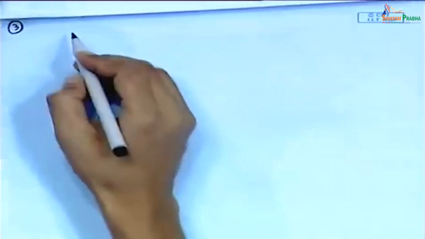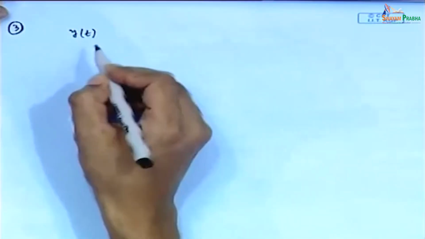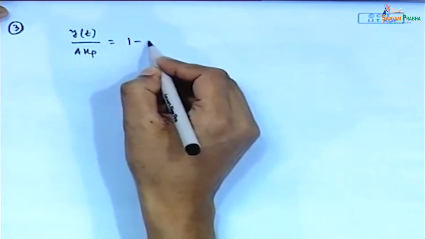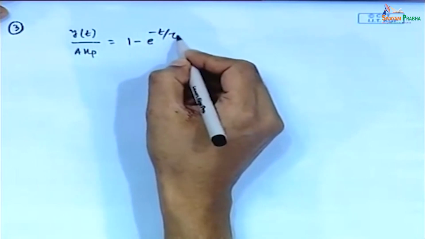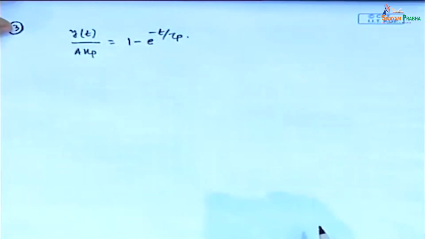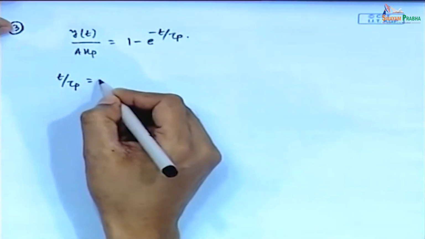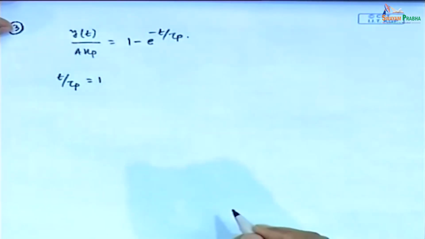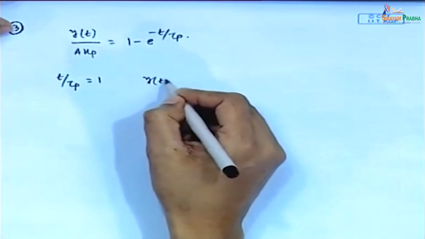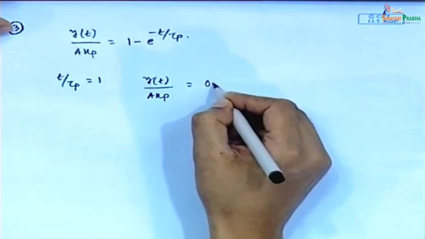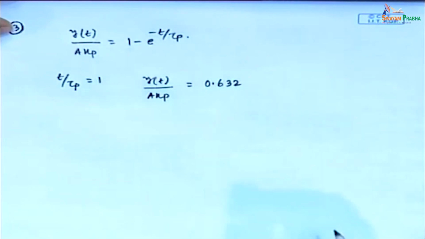See, we have the equation y t divided by a k p equal to 1 minus exponential of minus t divided by tau p. Considering t divided by tau p equals 1, we get y t divided by a k p equals 0.632, fine.